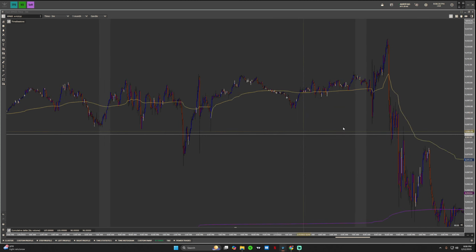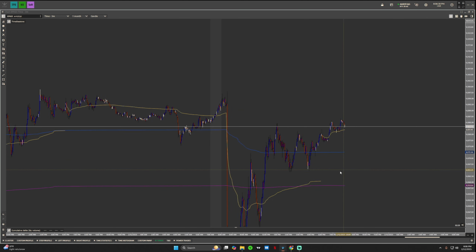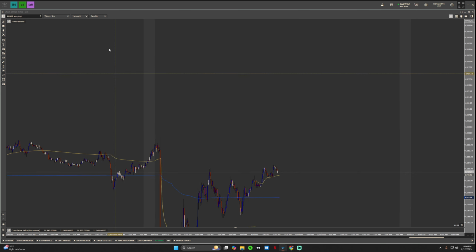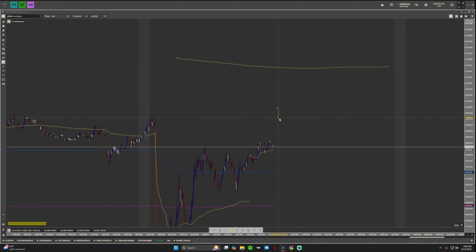Okay. So how do you trade using these? Well, it's pretty simple. Whenever price, if this is the VWAP line, okay, whenever price is below, we typically are going to want to trade to it. Okay.